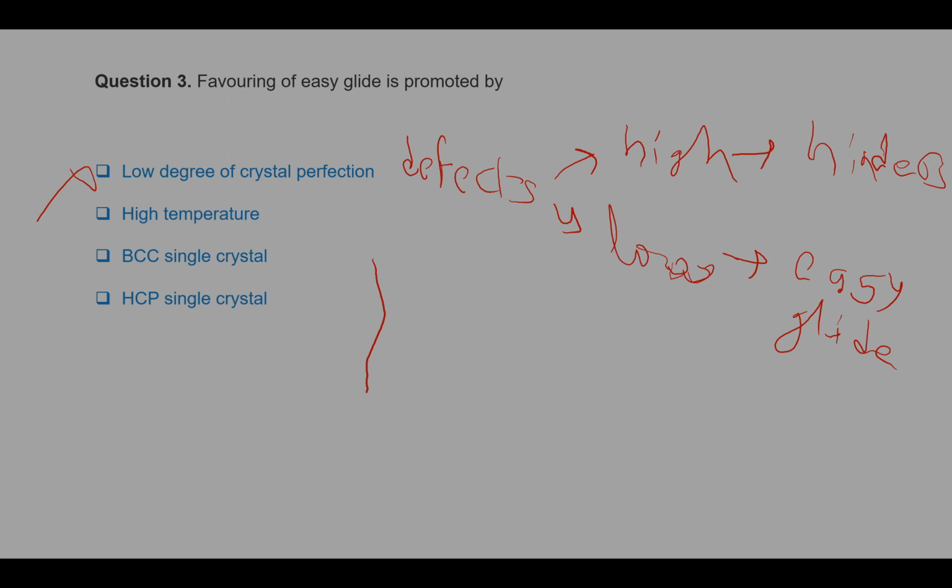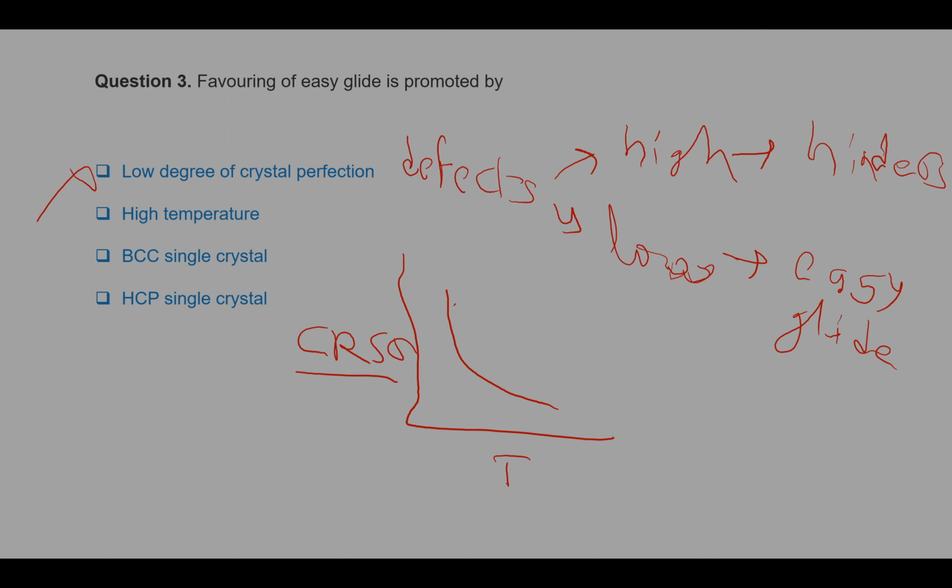As we know, according to the critical resolved shear stress, CRSS, versus temperature plot, while the critical resolved shear stress is increasing, temperature should be low. At lower temperature CRSS is higher, and when we increase the temperature, CRSS will decrease.